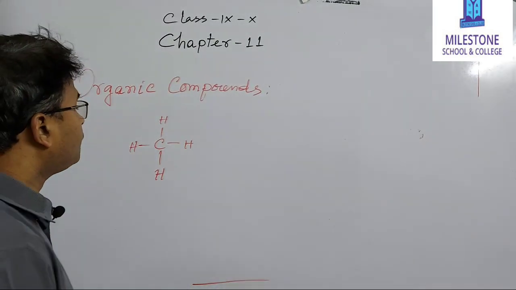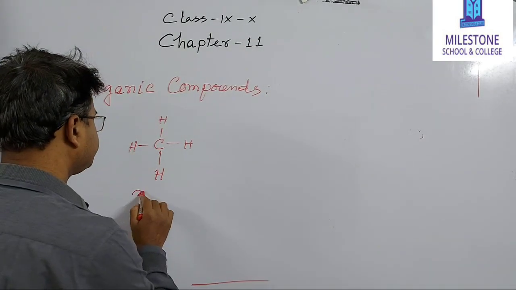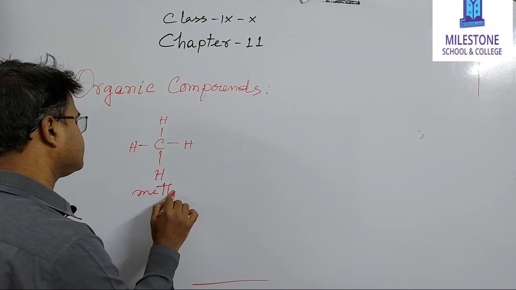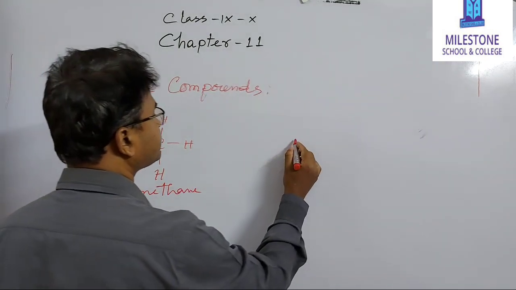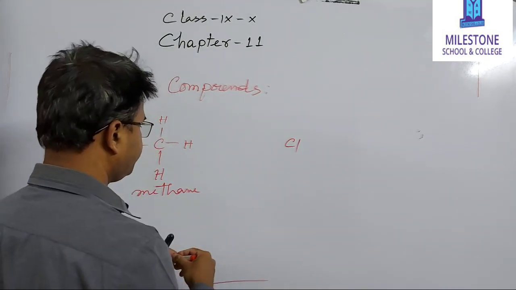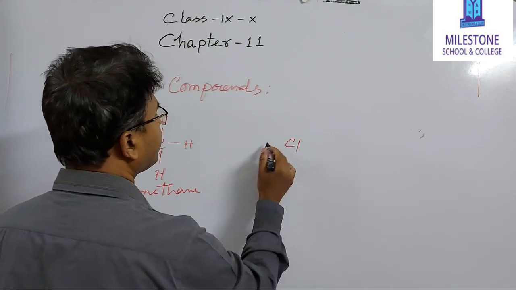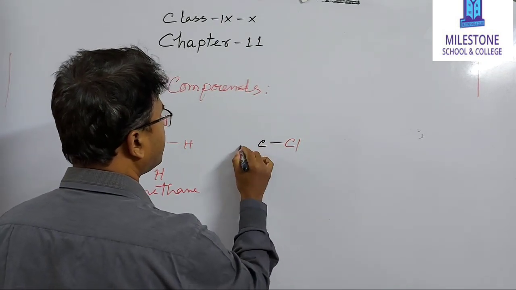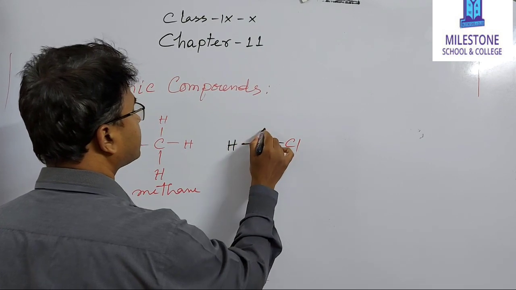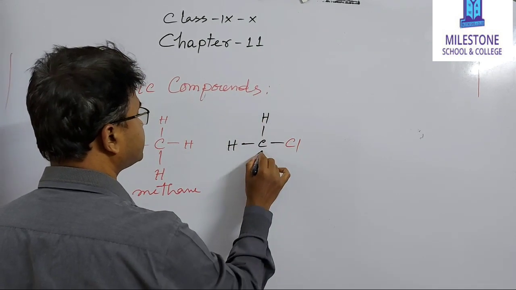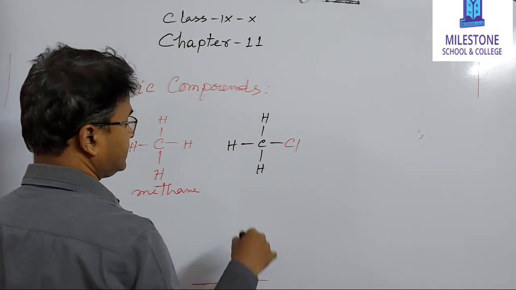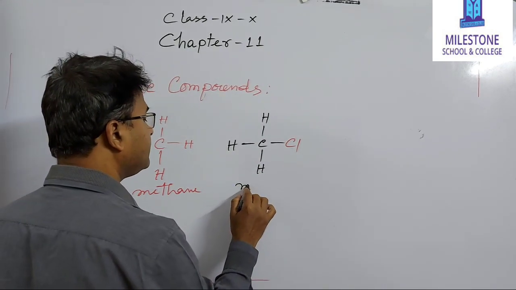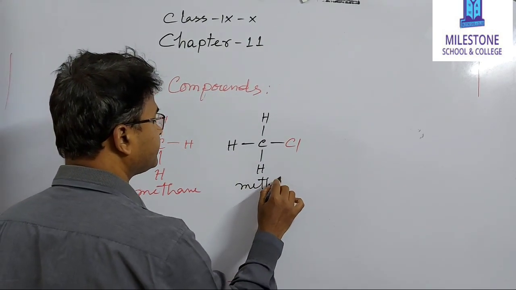Now, if one hydrogen atom is replaced by chlorine and the other carbon-hydrogen bonds remain unchanged, then the name of this compound will be methyl chloride.